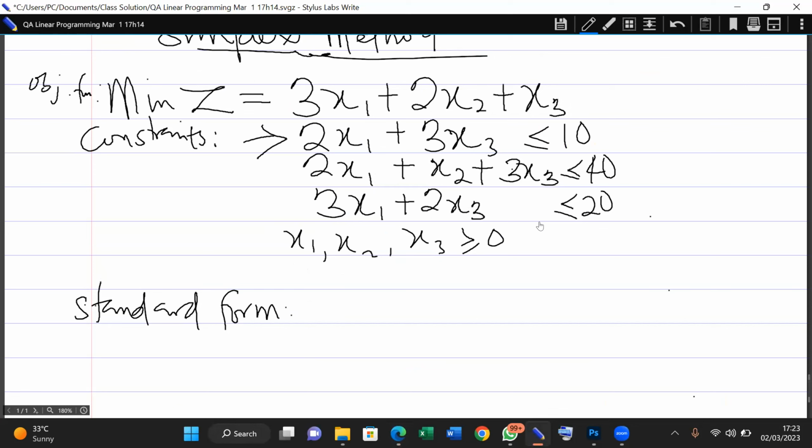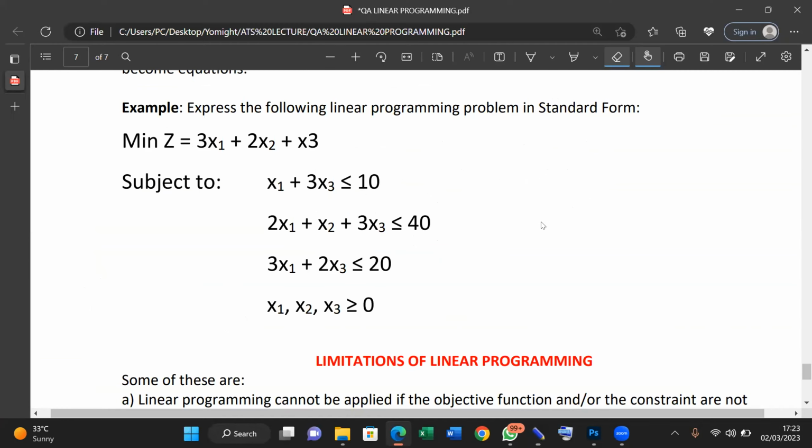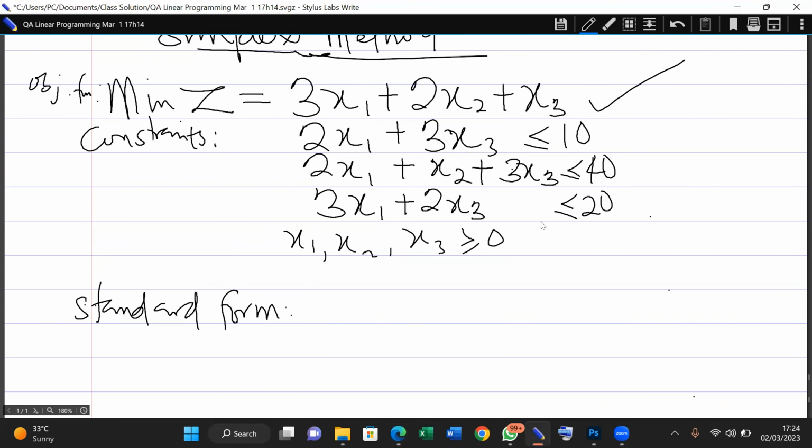You wrote 2x1. In the question, sir, the first one does not have 2. It's only x1. Is that what you're saying? God bless you. Thank you so much. That's a good observation.